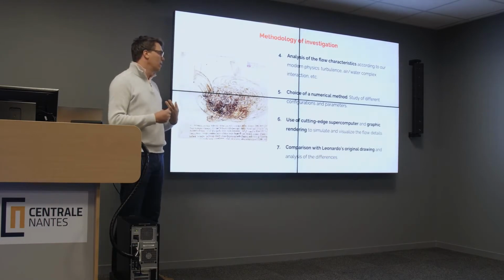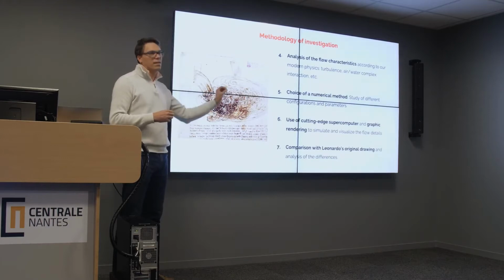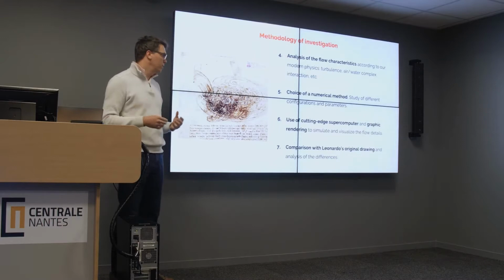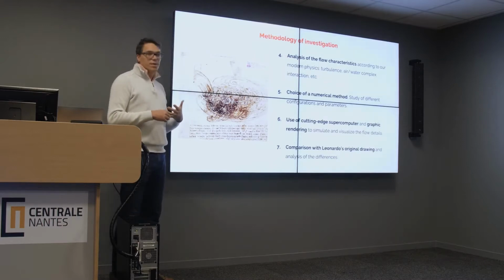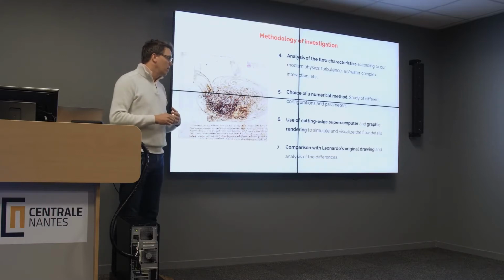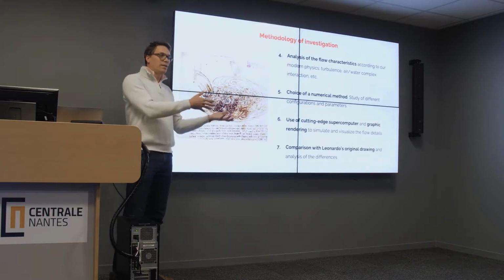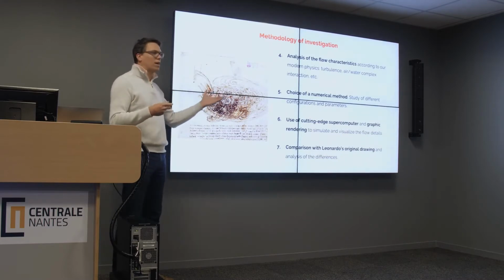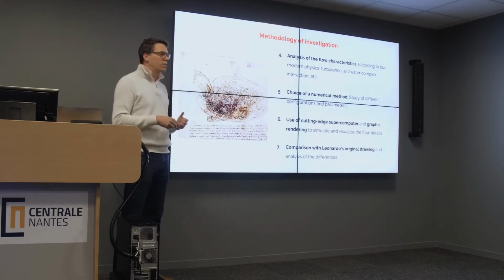And also, we were compelled to use a really advanced technique in terms of visualization to be able to interpret our large simulation. And the last thing we did in the end is, with our best simulation, we compared what we had in this simulation to what was drawn by Leonardo and commented by Leonardo in his drawing.